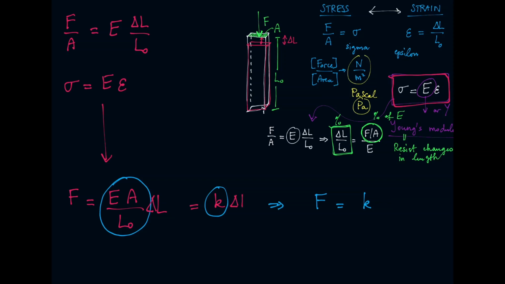Apologies, delta L. F equals K times delta L. This is the good old Hooke's law that you all know and love and can use very happily.